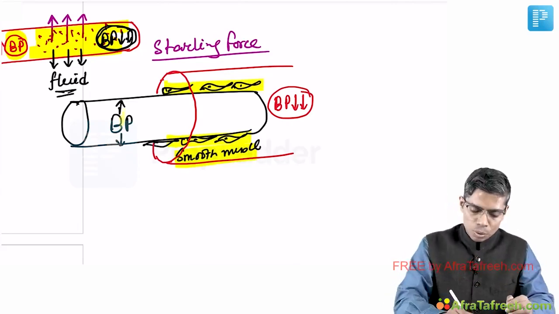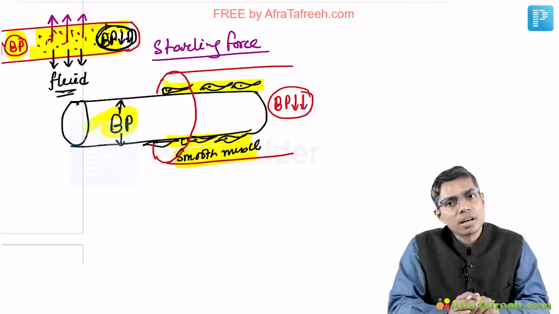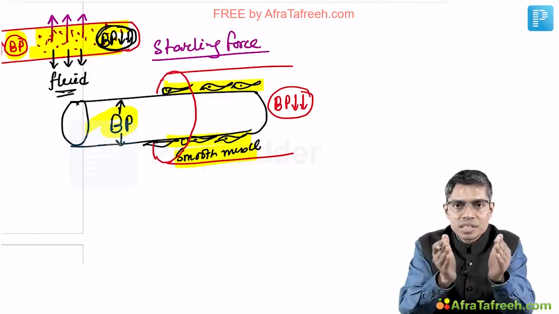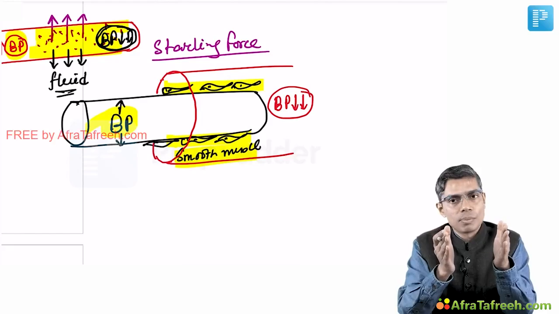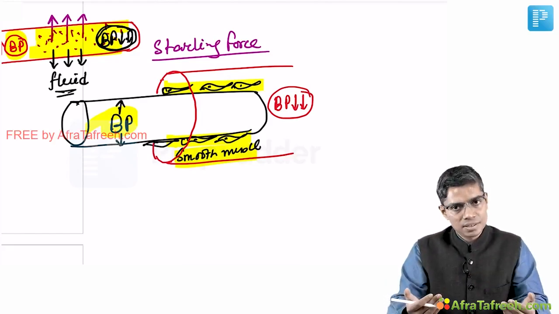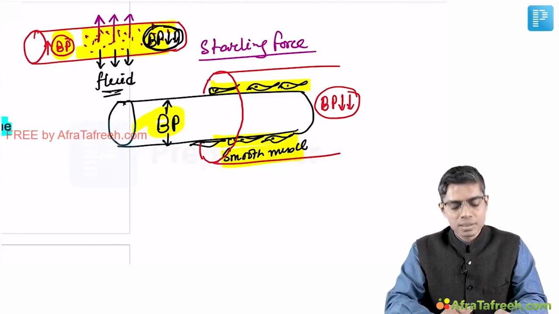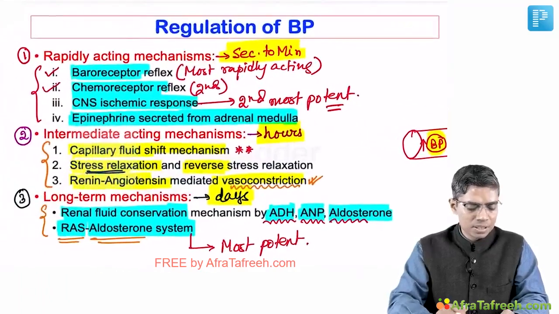And if the blood pressure is low here, the reverse stress relaxation will occur, meaning the smooth muscle will constrict a little bit, and that causes a decrease in the diameter of the vessel wall. That is known as reverse stress relaxation, right? So these two mechanisms are important for your exam, but I have not seen many MCQs from this region.